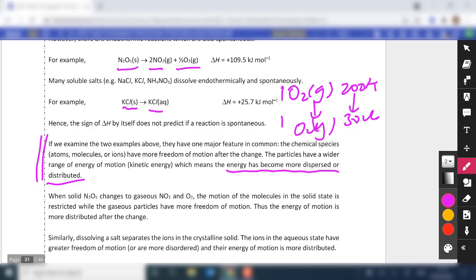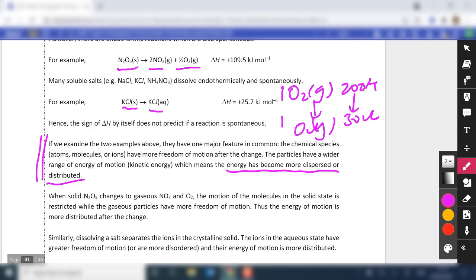That means that the same number of moles of gaseous molecules are able to access greater kinetic energy. That is one way we can look at it. Remember in your gaseous states, you learned about the Maxwell-Boltzmann distribution curve. As you increase the temperature, the curve broadens.